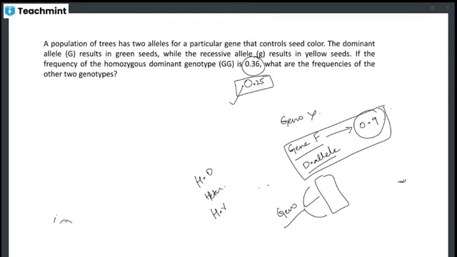If not, guys, please do refer to it in the book, or you can also search on the internet. It is just a single statement, and with that you can know what paramutation means. It is also considered an exception to Mendel's first law. The only exception to Mendel's first law is paramutation.